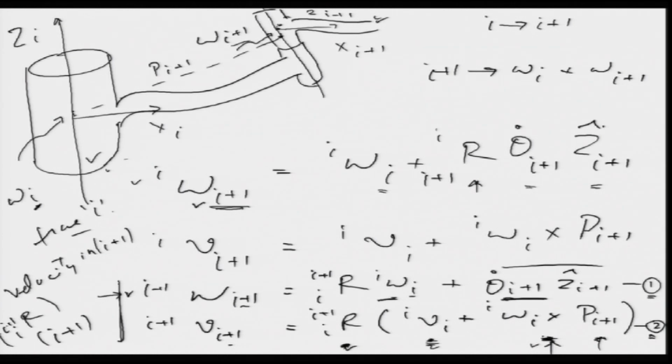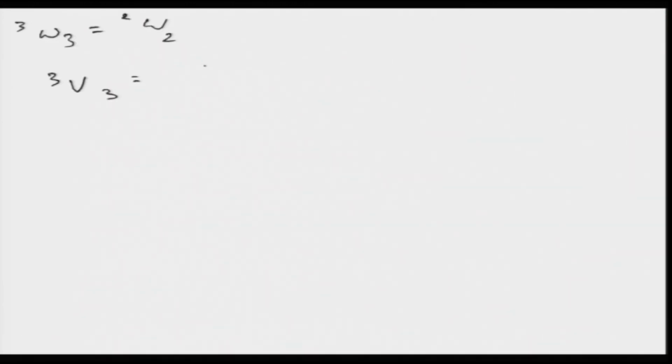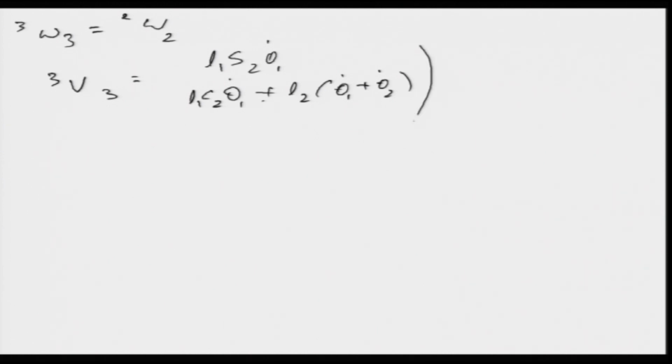So, if you do that, it will come out as L1 S2 theta 1 dot and L1 C2 C1, sorry, this is theta 1 dot, plus L2 theta 1 dot plus theta 2 dot, and 0. Okay. So, how did we get that?